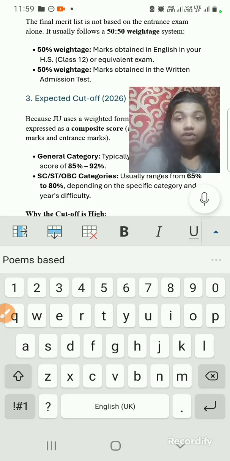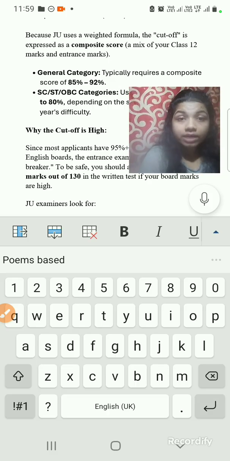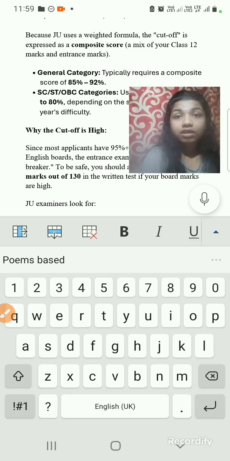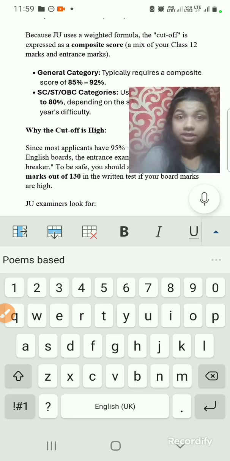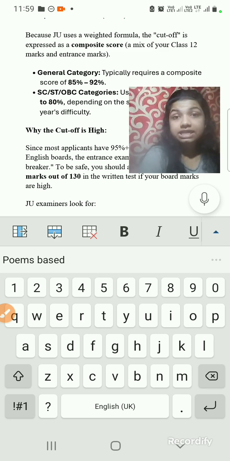So you have to now know the expected cutoff, which was asked by one student. The cutoff is actually, as I told you, 50% plus 50% weightage. It would be calculated taking from your class 12 result, as well as from your entrance exam result.